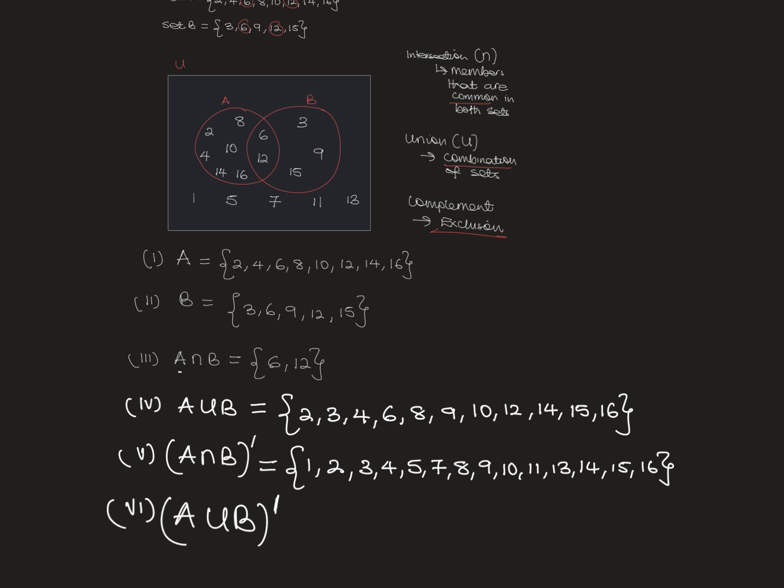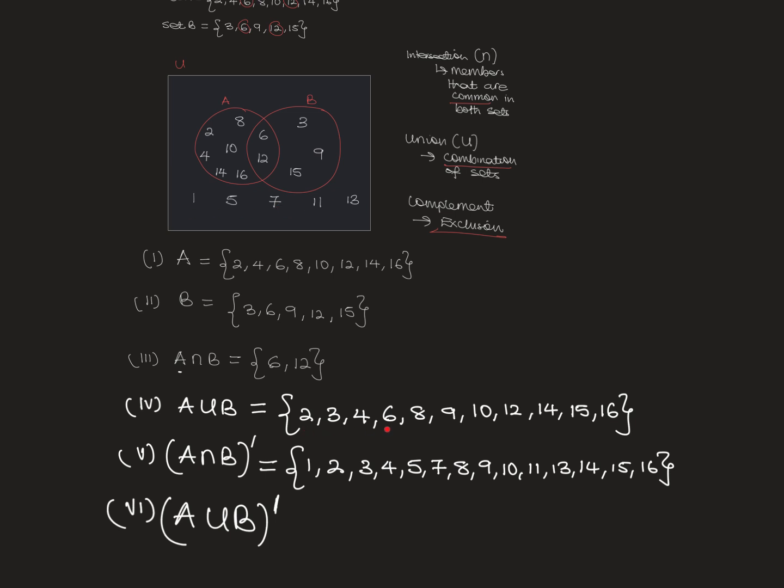It is this part. Okay, so if you exclude the union, whatever is remaining, that is going to be A union B all complement. So it means they want you to find the members that are outside A union B.